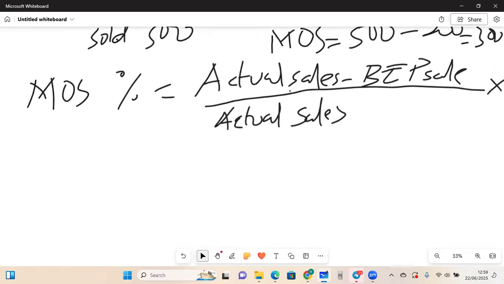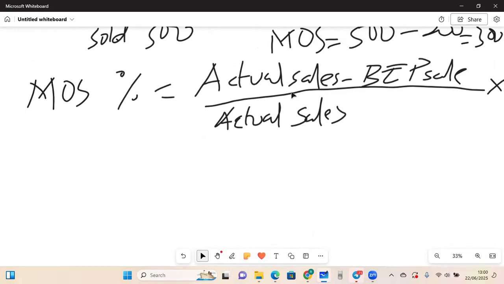So now we move on to the degree of leveraging, right? So degree of leveraging is not that difficult. What it actually does is tell how profit is going to increase when sales increase by a particular percentage.